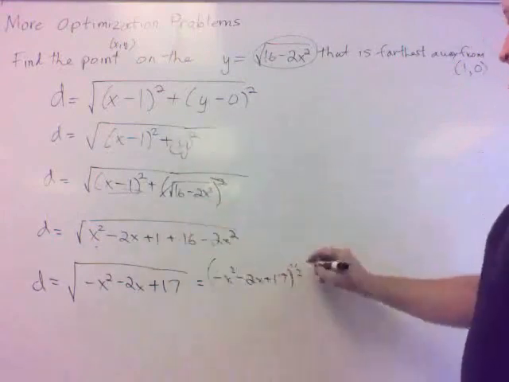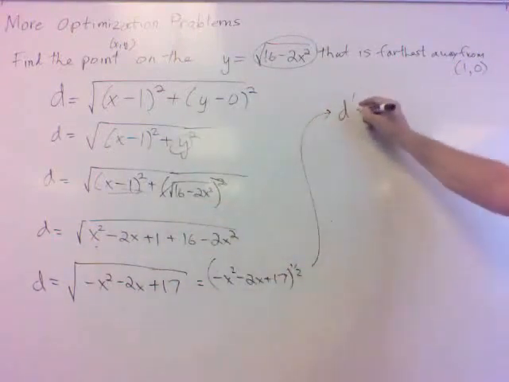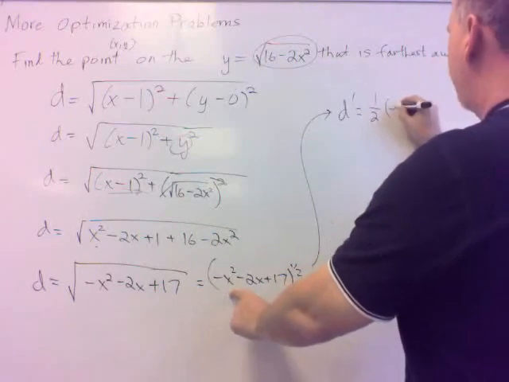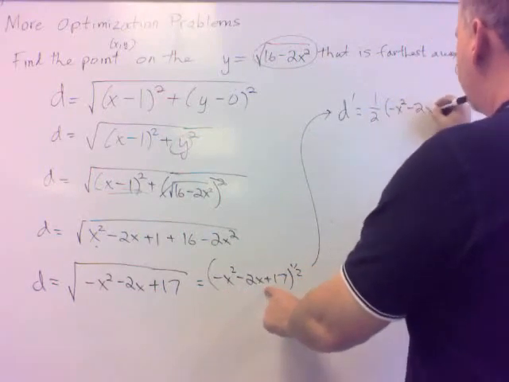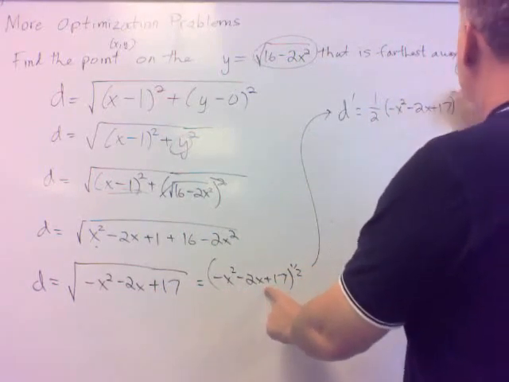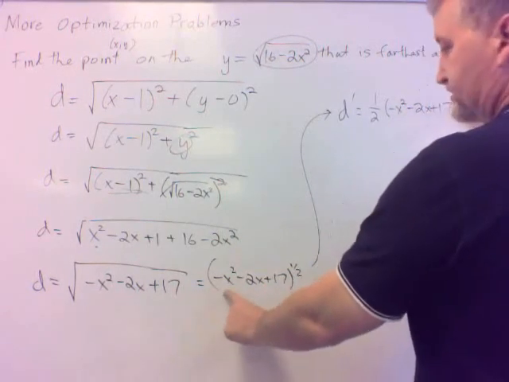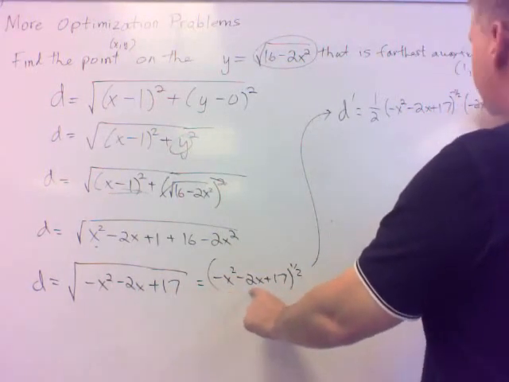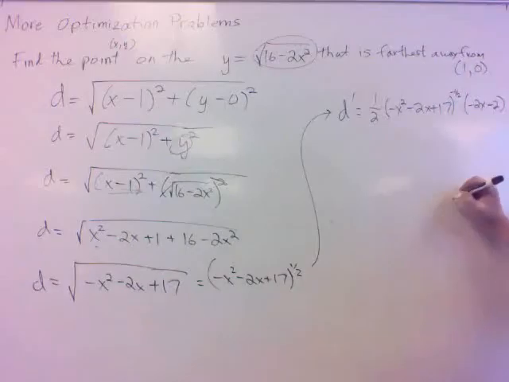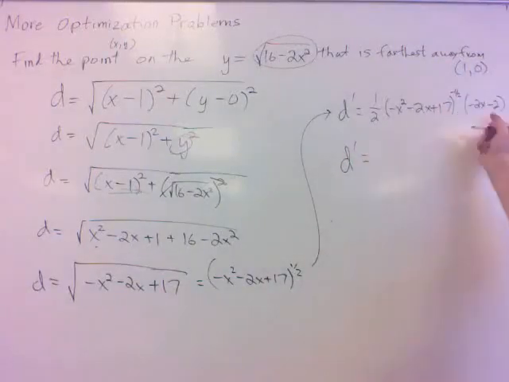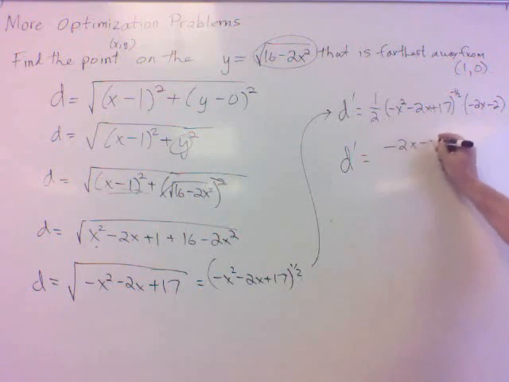I want to maximize it, so that's at the critical number, so I need to do the derivative. The derivative would be 1/2 times, by chain rule, minus x squared minus 2x plus 17 to the minus 1/2 times the derivative of the inside, which is minus 2x minus 2. If you rewrite that, put that on the bottom, this will be on the top.